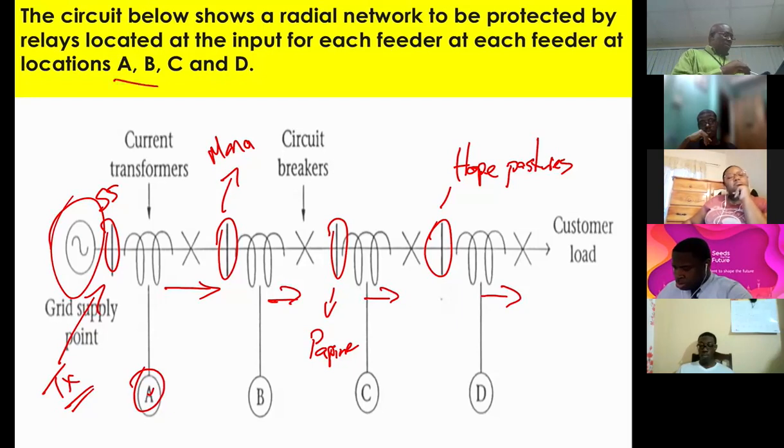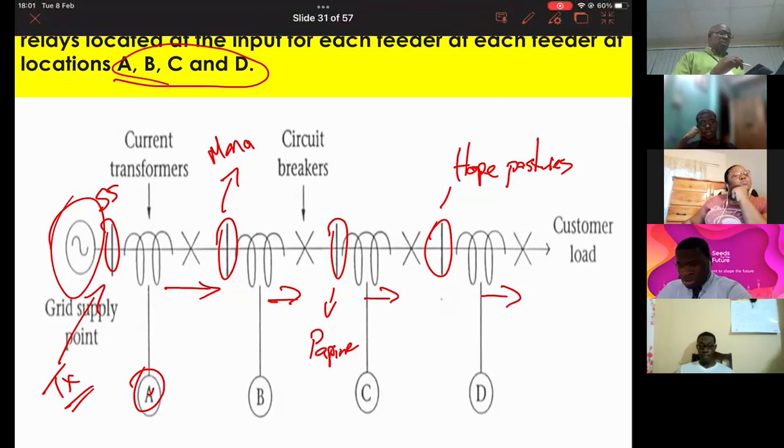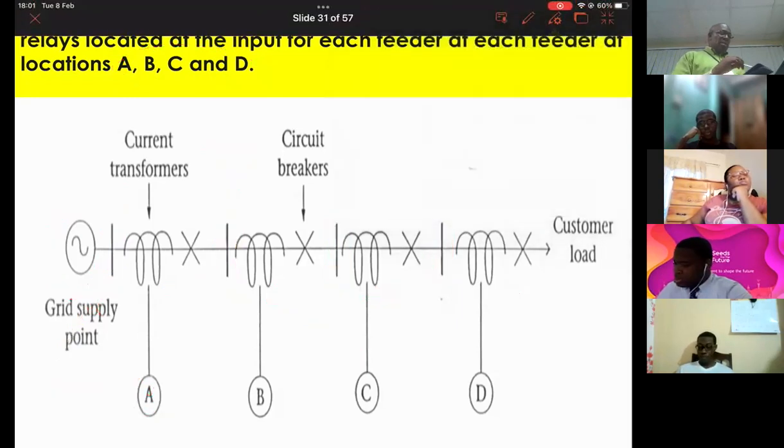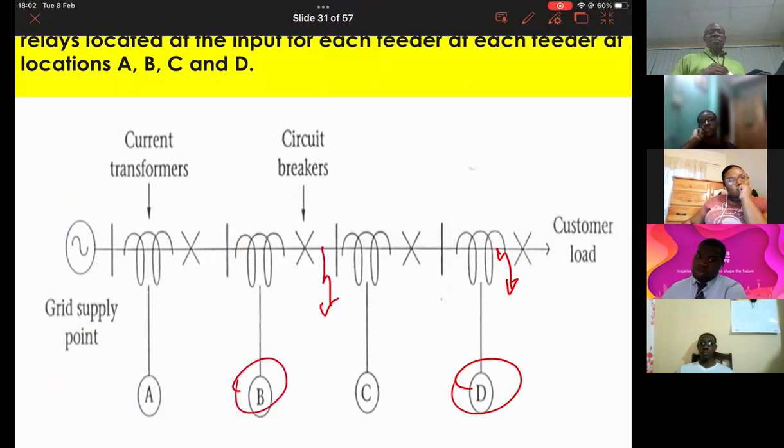We have 4 relaying points along the feeder. And the question is, how do I coordinate these relays to ensure that when I have a fault down here, only this guy operates? Or if I have a fault here, this fellow operates.